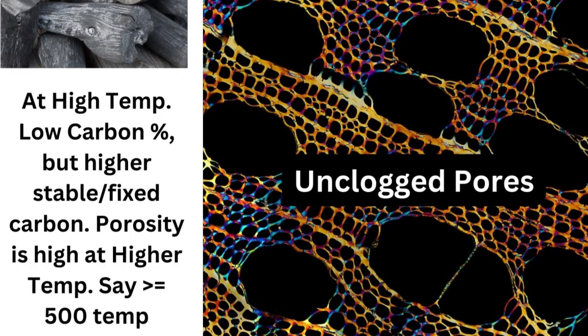So low temperatures, high carbon percentage, and high temperatures, low carbon percentage. This is because at higher temperatures we have more stable carbon, so that is very important as part of carbon sequestration.